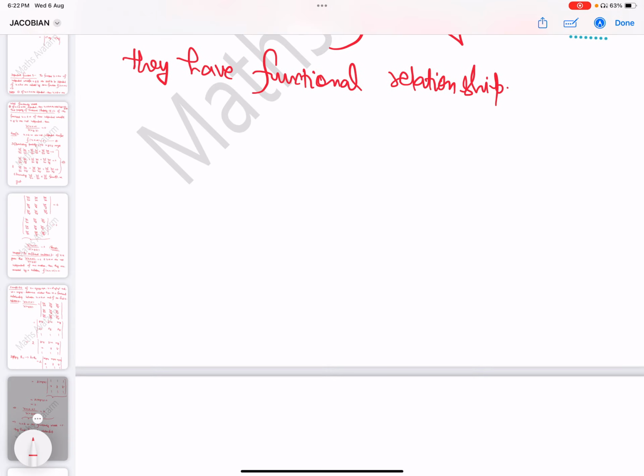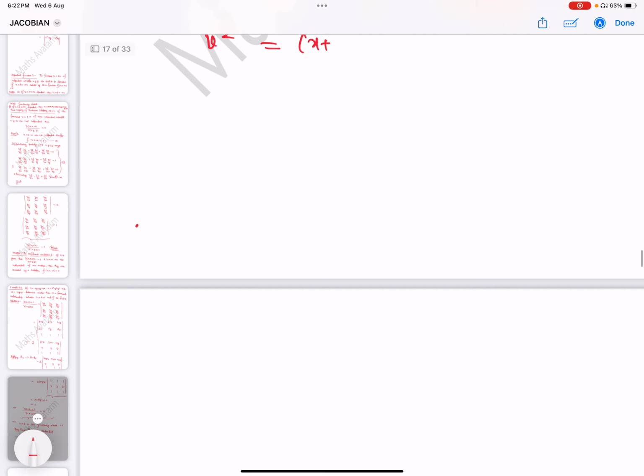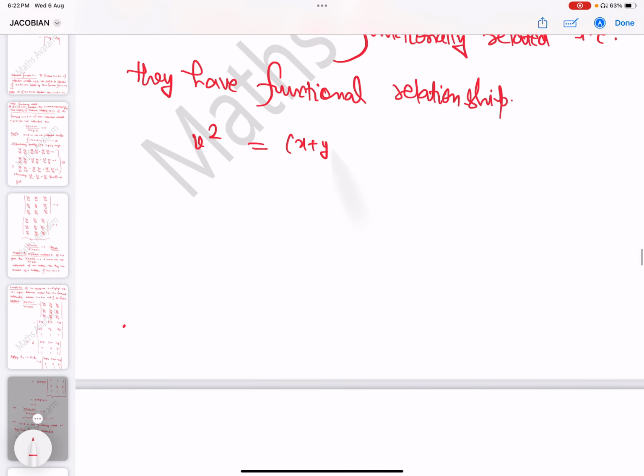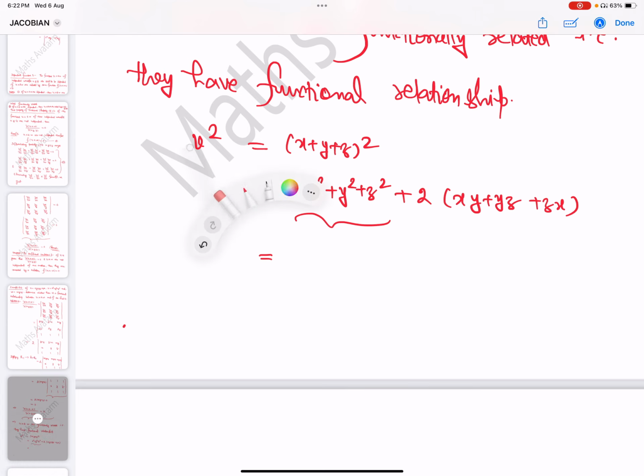Okay. Now you see that it's v square. This is nothing but x plus y plus z whole square. That is x square plus y square plus z square plus 2 times xy plus yz plus zx. So what is the value of this? Sorry, it is w square.